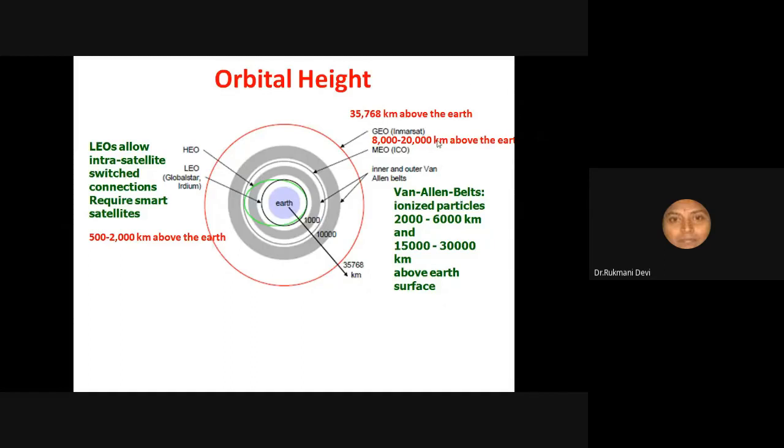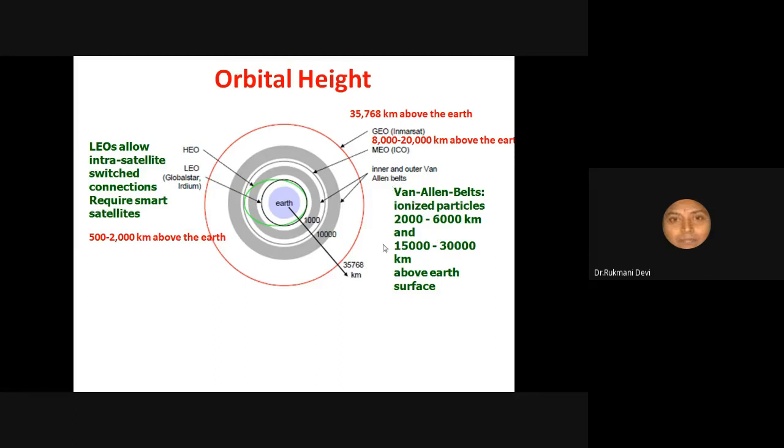Okay. Then low Earth orbit, medium Earth orbit, high Earth orbit. This lies between high Earth or elliptical, also you can have it. The green one is elliptical. Then you have the inner and outer Van Allen belts. To detect this, the US launched a satellite, Explorer 1.